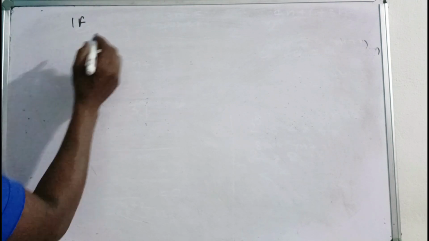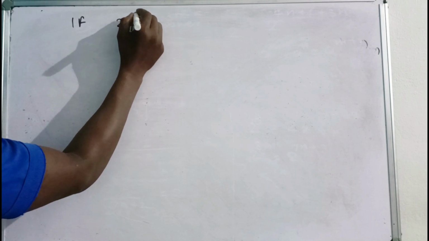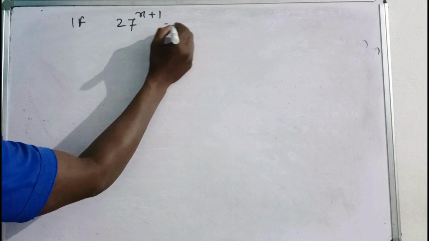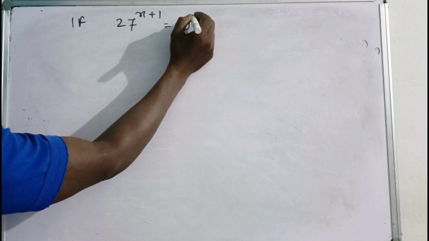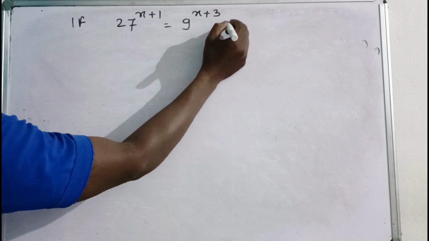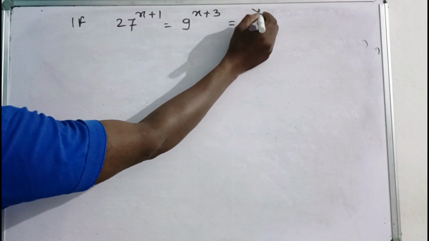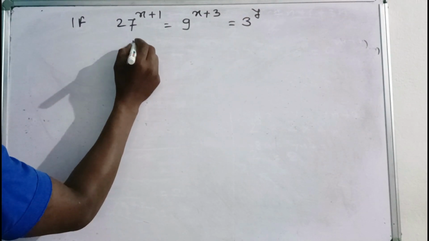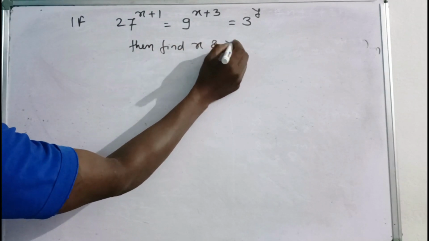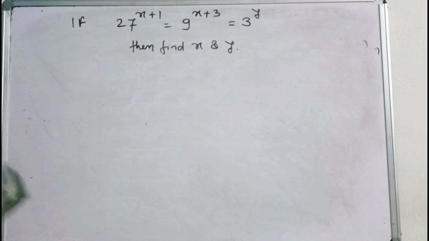If 27 raised to the power x plus 1 is equal to 9 raised to the power x plus 3 is equal to 3 raised to the power y, then find x and y.